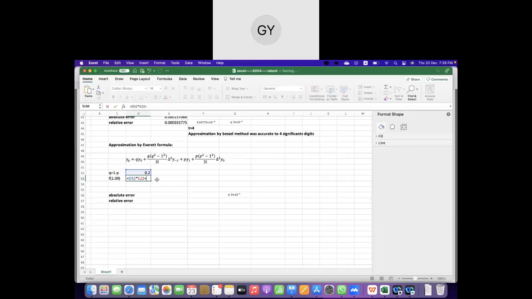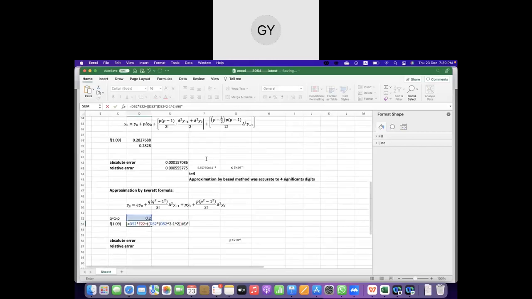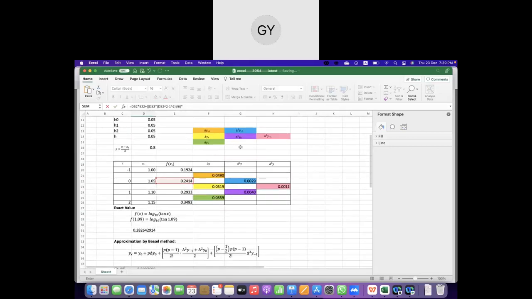So we need to bracket q times bracket q squared minus 1 bracket back, then divided by 3 factorial, which is 6, then bracket again, then times the second difference delta squared y minus 1, in blue color.